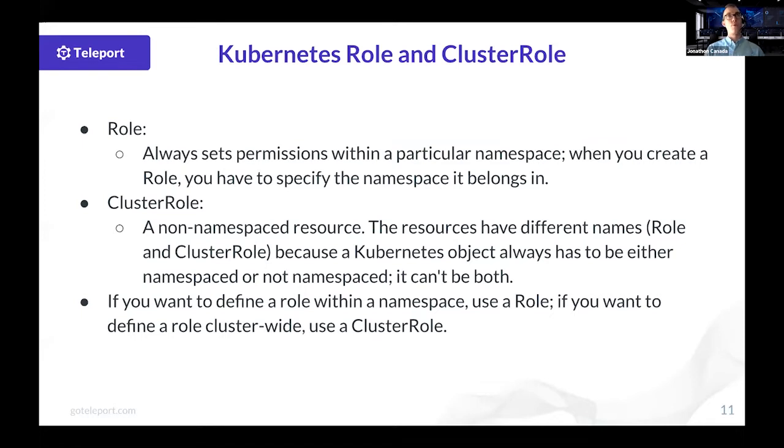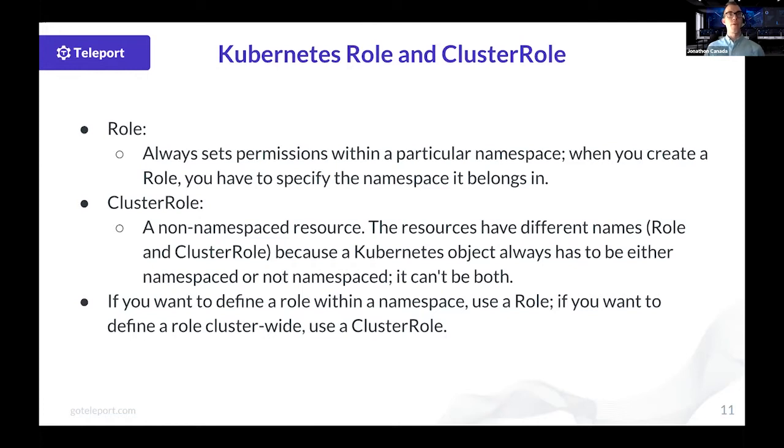So when you create a role, you have to specify the namespace that that role belongs in. Then a cluster role, on the other hand, is a non-namespaced resource. And the resources have different names, role and cluster role, because a Kubernetes object always has to be either namespaced or not namespaced. It can't be both. So if you want to define a role within a namespace, you should use a role. And if you want to define a role cluster-wide, you should use a cluster role.